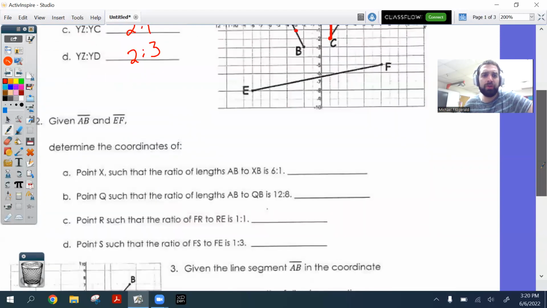All right, so I want the ratio of AB, the entire line, the whole to this part XB to be 6 to 1. That means I need to find this point X such that the distance between X and B is 1/6 of the entire thing.